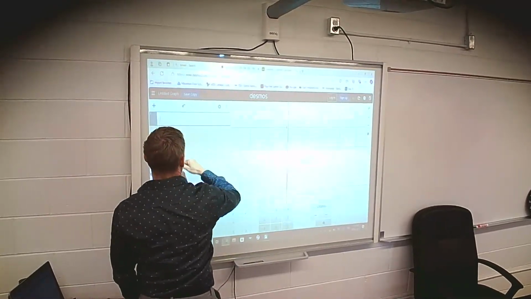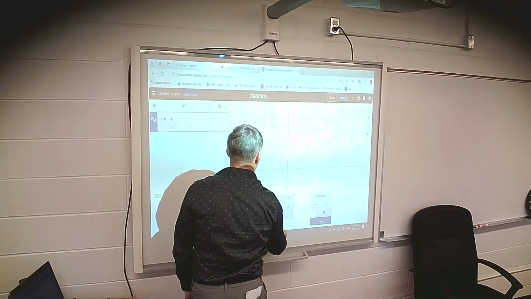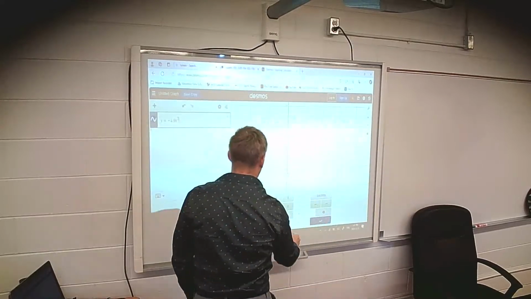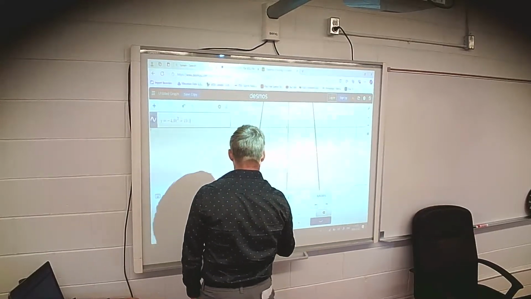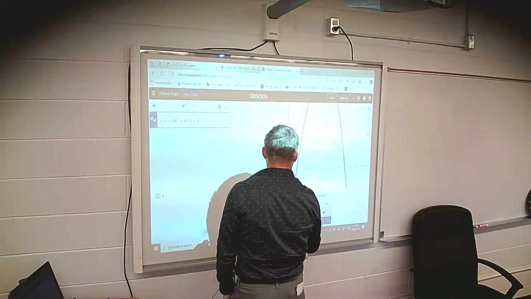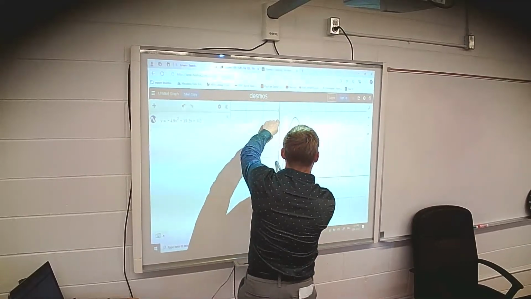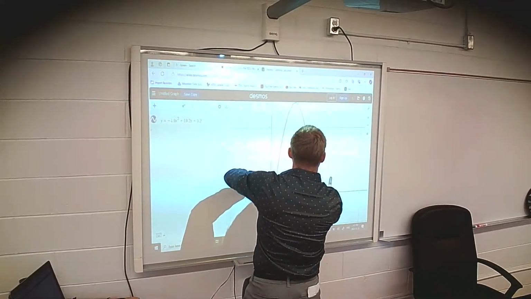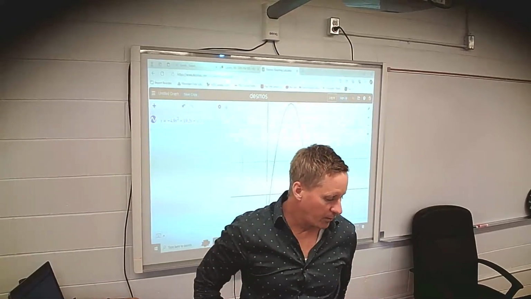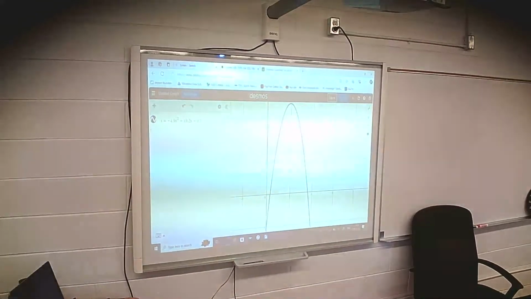Here, y equals negative 4.9x squared plus 19.2x minus 5.2. Now you're going to notice the equation is done a little bit different because it's given to you as negative 4.9x squared plus 19.2x minus 5.2 equals 0.